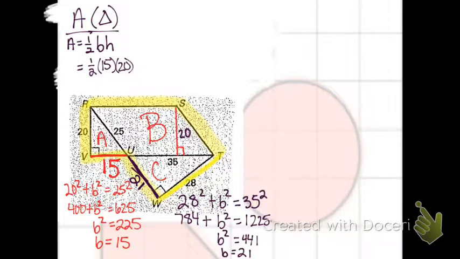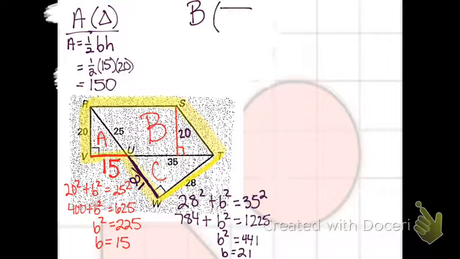But any way you do it, you should be getting your area for that section to be 150. Okay, and again, those would be units squared. They didn't put units on there, so we won't worry about them. So we just need to set that aside, and we are going to move on to section B.